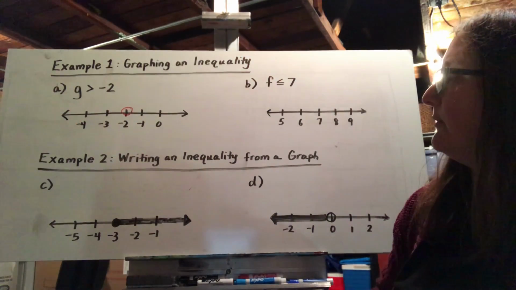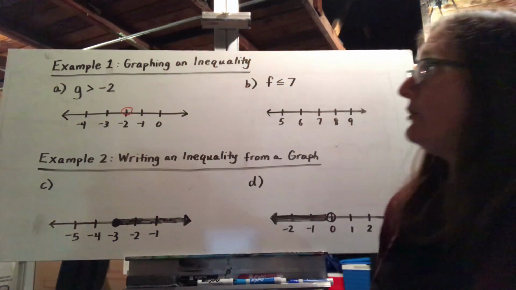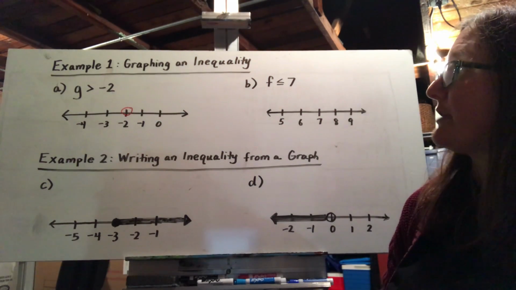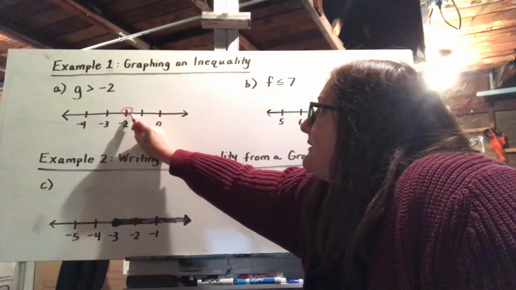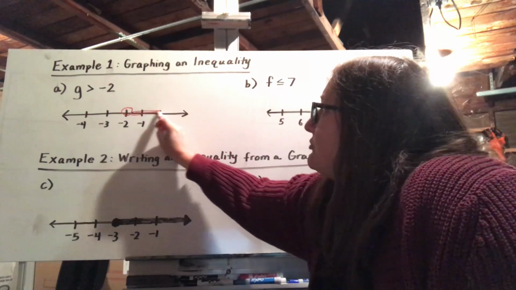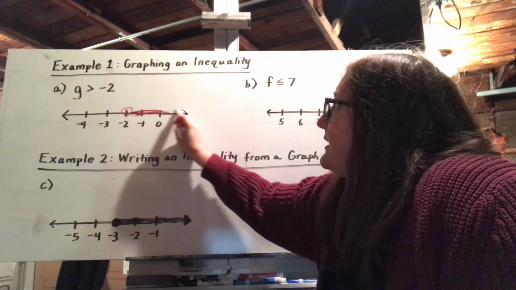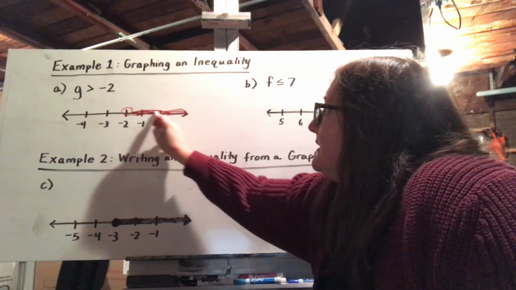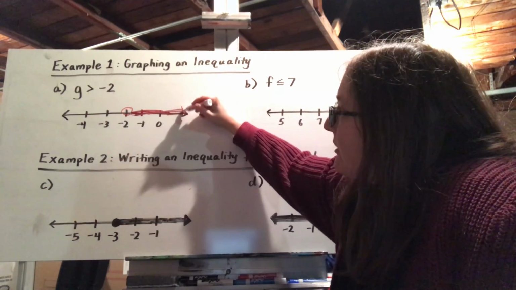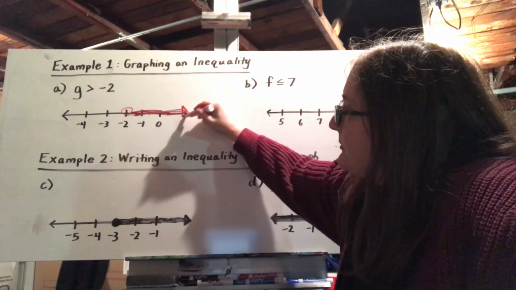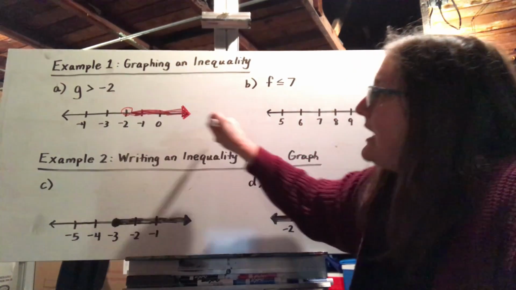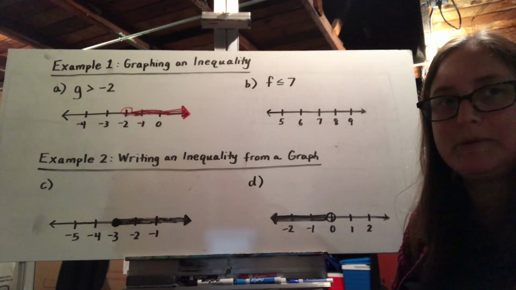It cannot be equal. There's no equal sign there. So g is anything larger than -2, which means I'm going to shade this direction because everything bigger than -2 is to the right. In fact, I'll even make my arrow bigger because my number line could keep going and going and going. Any number this direction could be a potential solution.